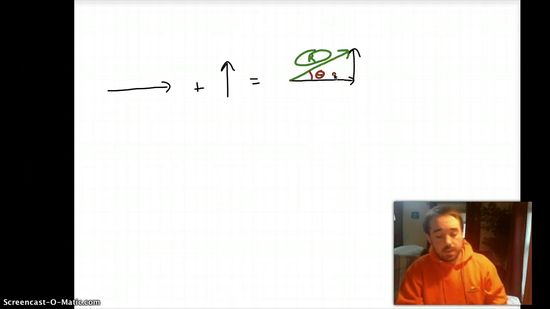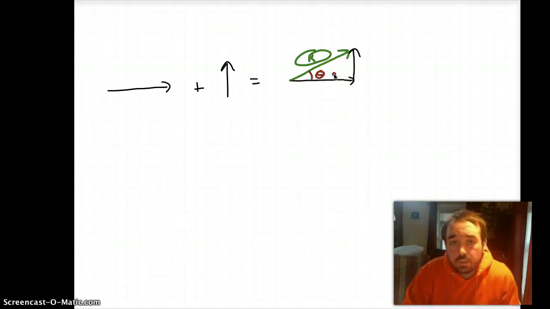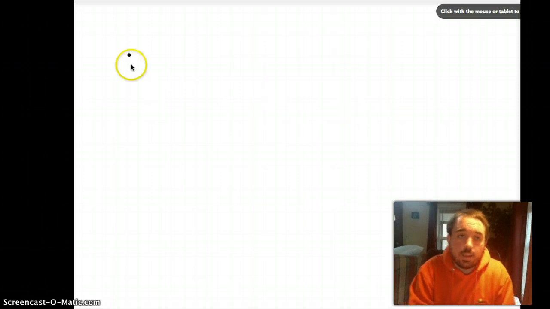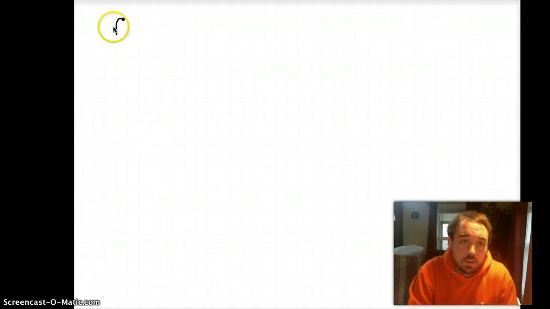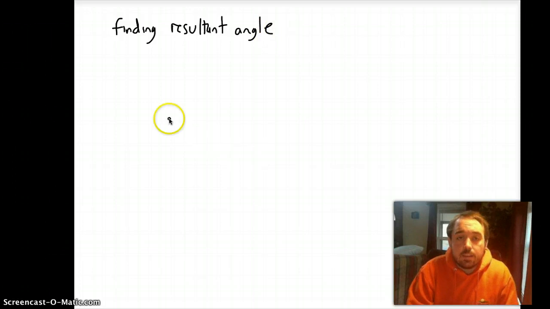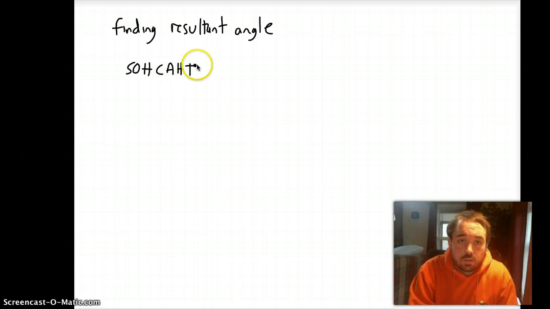So how do we do that? Well, it's back to trig, and you should be taking notes starting from now. What this is called is finding the resultant angle, and it comes from that same idea we talked about of SOHCAHTOA.